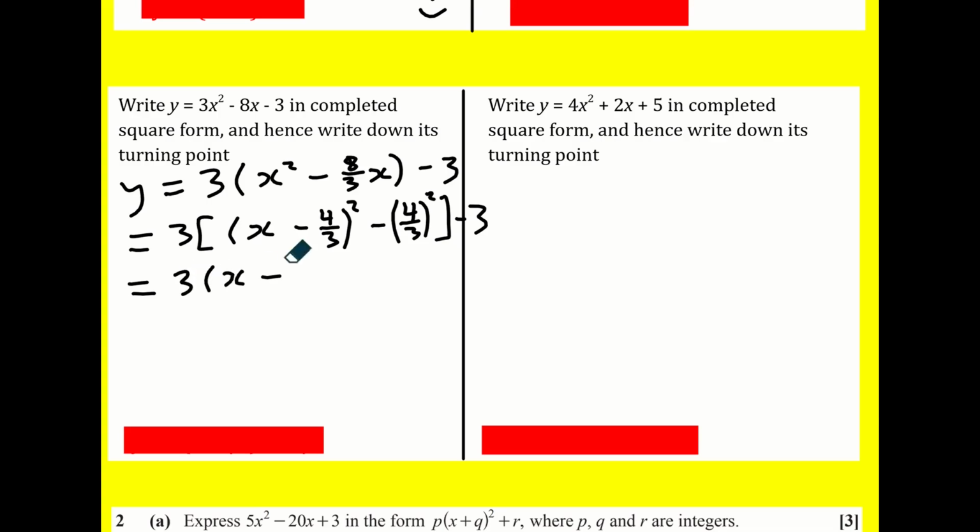Expand it. It's going to be 3 lots of 16 over 9. I've squared the 4 over 3. You can obviously do this without a calculator. You know what, even I'm at this point going to just get the calculator out.